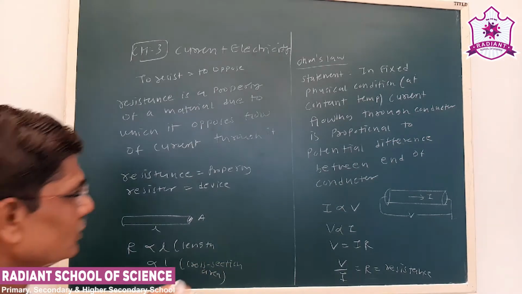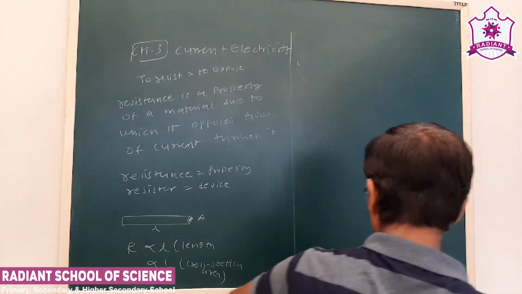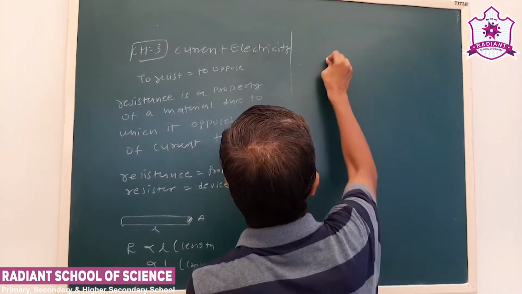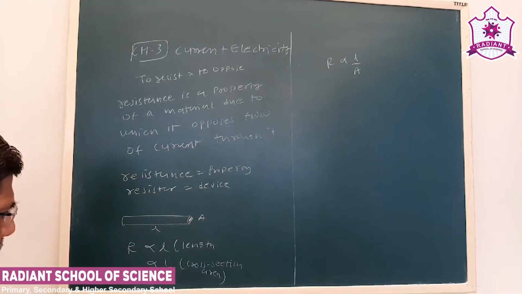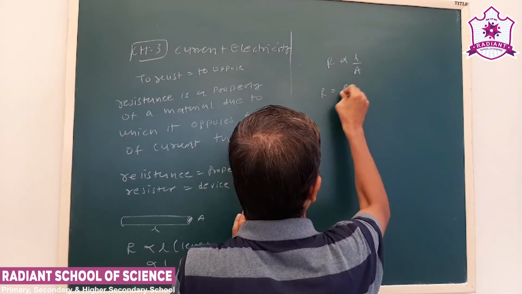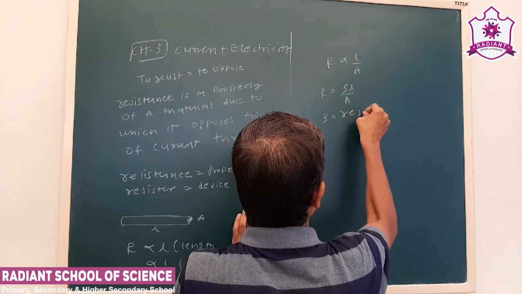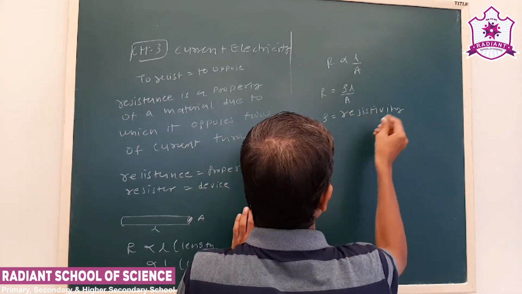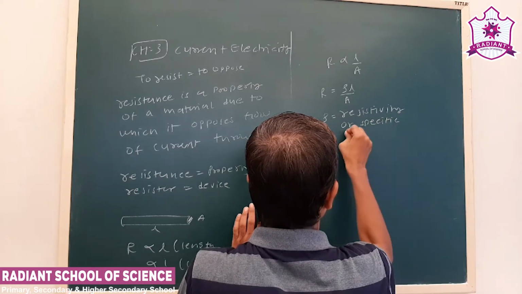Okay, so if I write in a compound variation, R varies as L upon A. Now R is proportional to L, R is inversely proportional to A. So if I put some constant here, rho L by A. See, the word rho is called the resistivity, okay, or specific resistance.